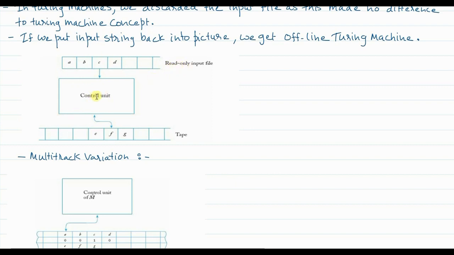So the control unit will, at every iteration, read one symbol at a time.